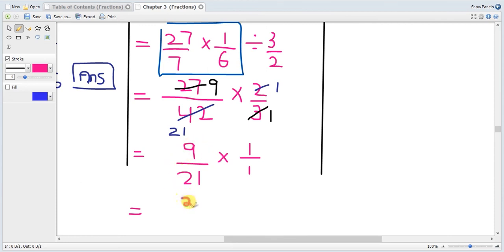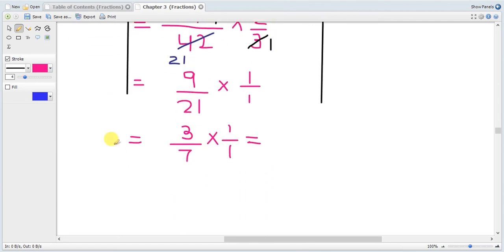So this is giving me 3 times 3 is 9 and 7 times 3 is 21, and write the second fraction as it is. Now this cannot be further simplified, so now simply multiply the numerator's value and denominator's value. So 3 times 1 is 3 and 7 times 1 is 7. So this is our final answer.